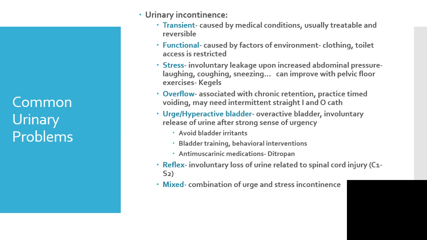Those nerves are not functioning appropriately. And then there can be a combination of these different types of incontinences, a combination of urge and stress incontinence. You've reached a point where you have to go so bad, and then the stress on the bladder, it can't be held. So we work on different interventions to help your patient with these issues.